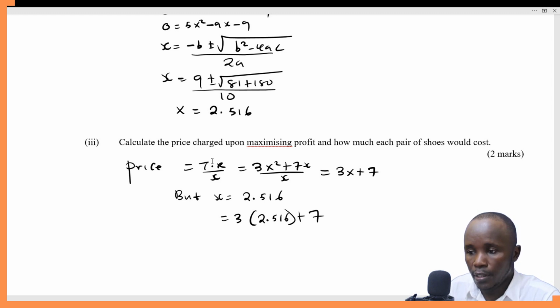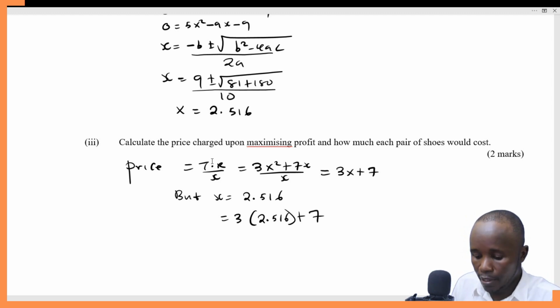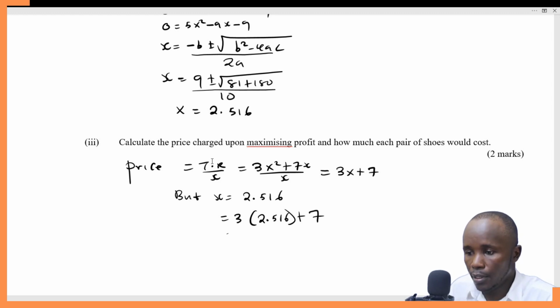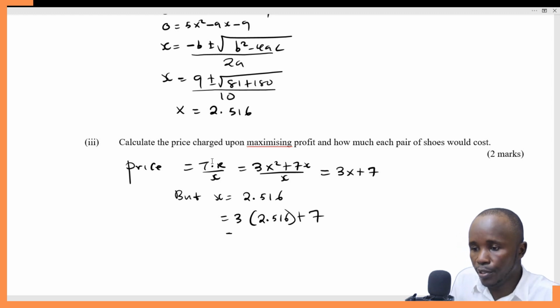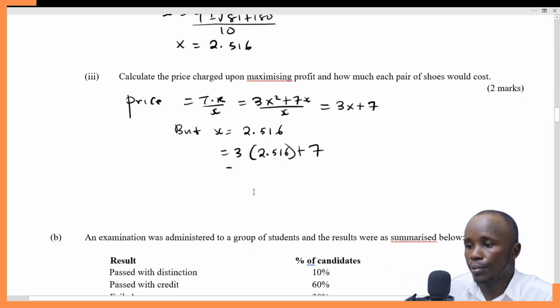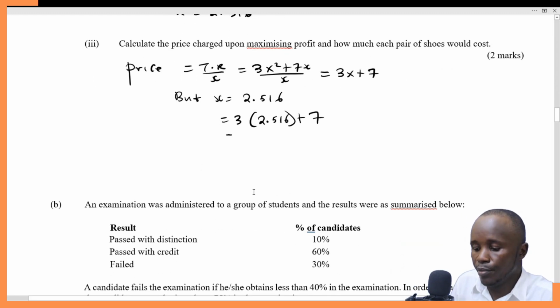This is 2.516 multiplied by 3, then plus 7. You get 14 point, and you push this one up a bit so that I'm able to write.